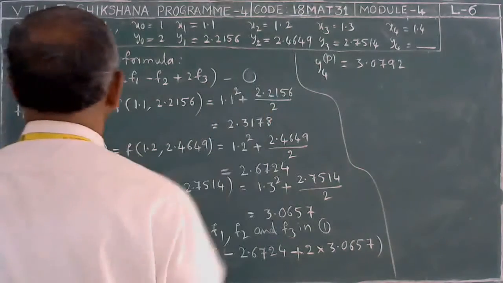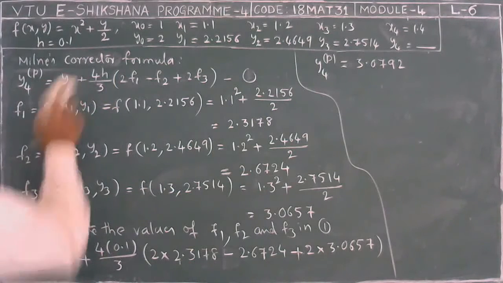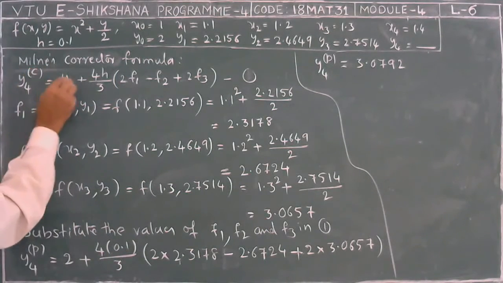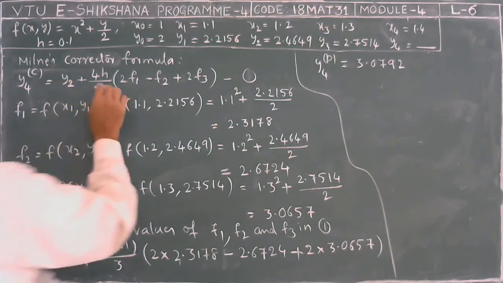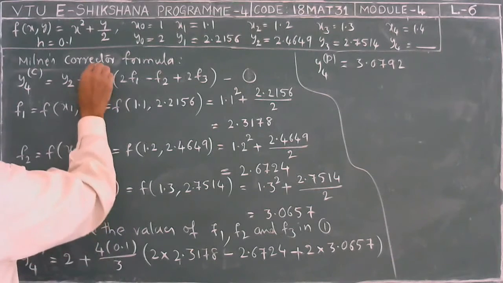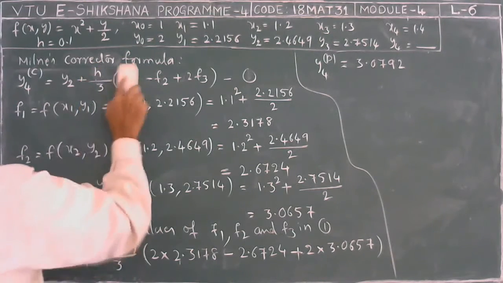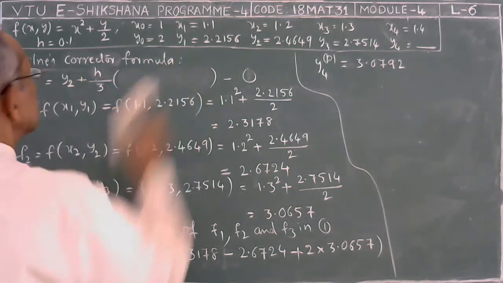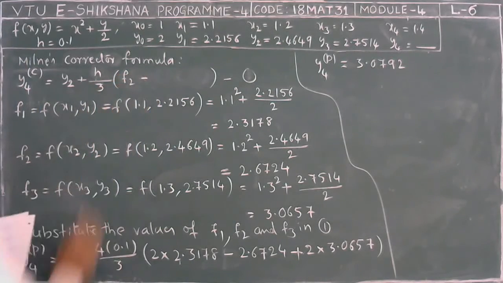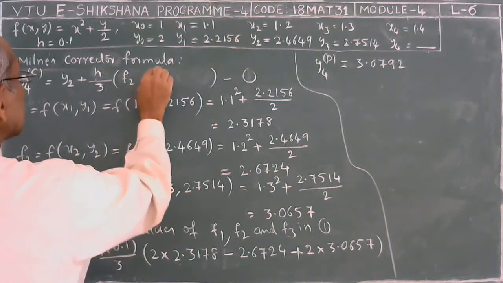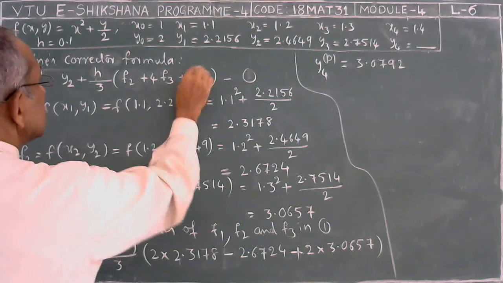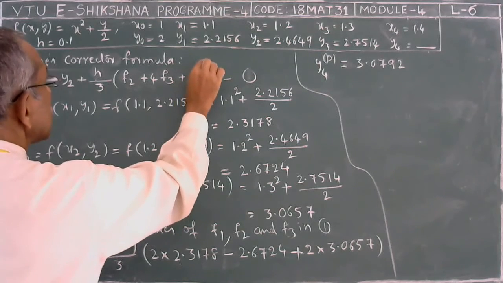So this gives y4c. y4c is equal to y2 plus h by 3, there is no 4 here, h by 3 into f2 plus 4f3 plus f4p.